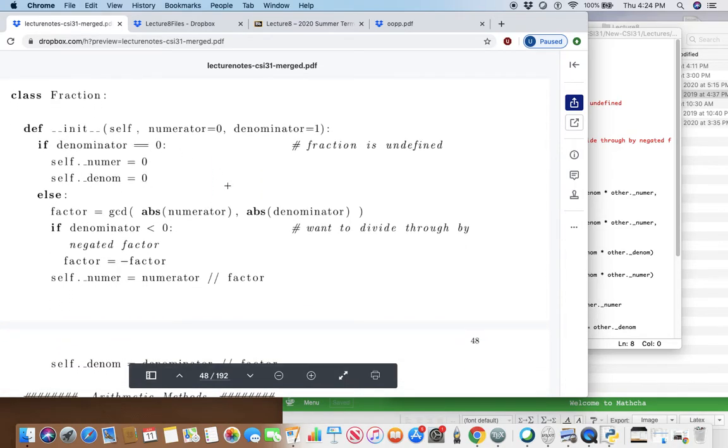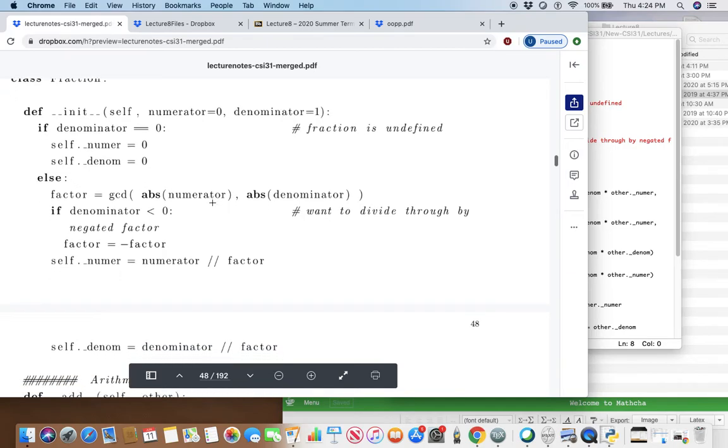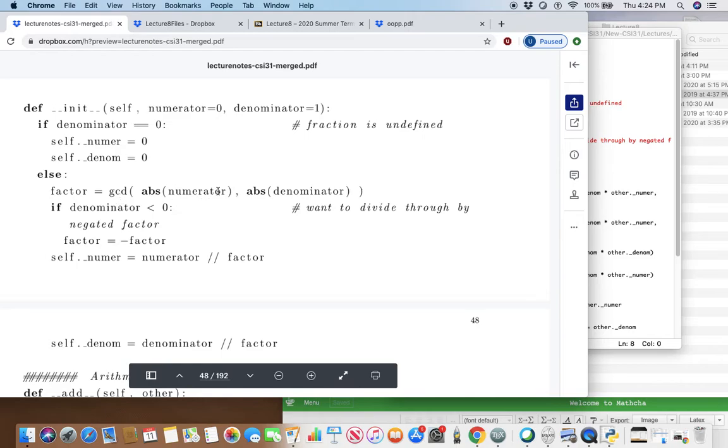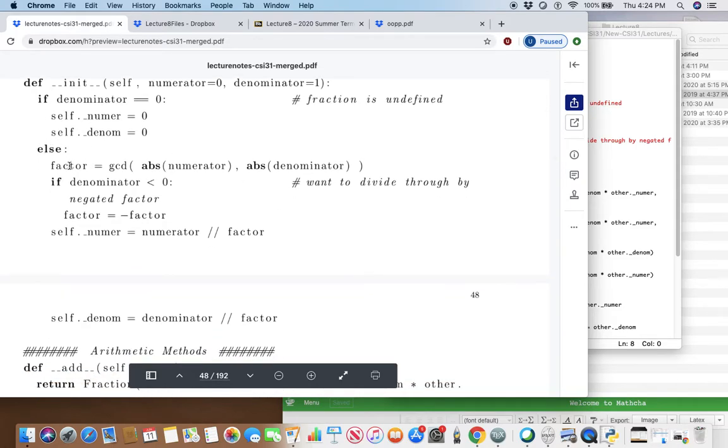If the denominator is not 0, that's when else takes over. Get the GCD of the numerator and denominator. Notice we have to take the absolute value. Why? Because they could be negative or positive. Make sure they are both positive, then take the GCD. Now, consider the factor.